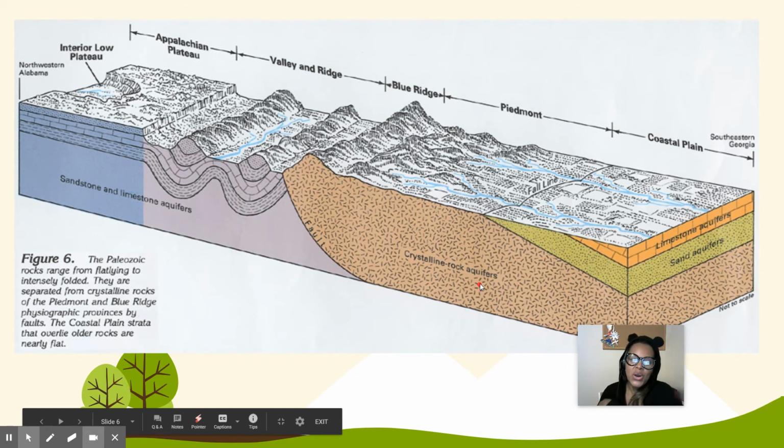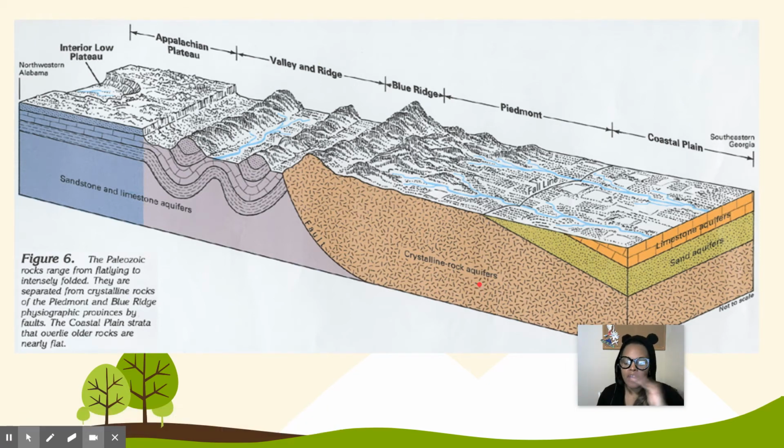All right, so here we go. We're going to look at a geographical picture of the Valley and Ridge, okay? And these are, again, the 5 regions of Georgia. So let's move from the coastal plain all the way up to the Appalachian Plateau, and we'll stop at the Valley and Ridge. Here the coastal plain land is kind of flat with the rivers running through it. Then we hit the Blue Ridge, which is also a ridge. And then now we have the Valley and Ridge.